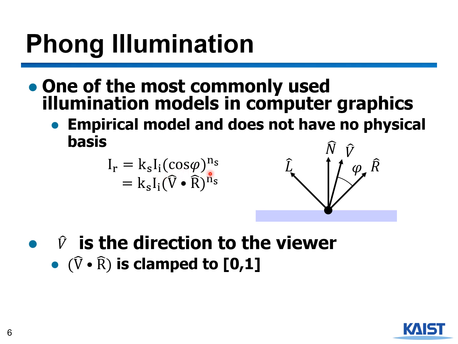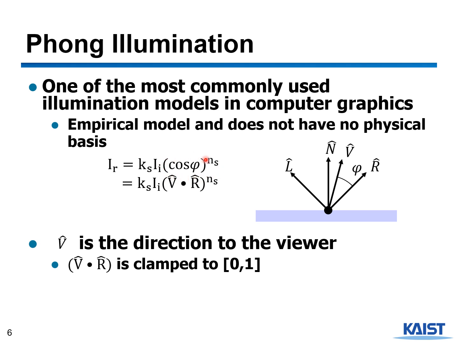Depending on phi, when phi is 0, we give high energy, since in that case V and R align. But as phi gets larger, we want to reduce the reflected energy. Along that line, we used a cosine term, the cosine of phi, and also an exponent term ns.